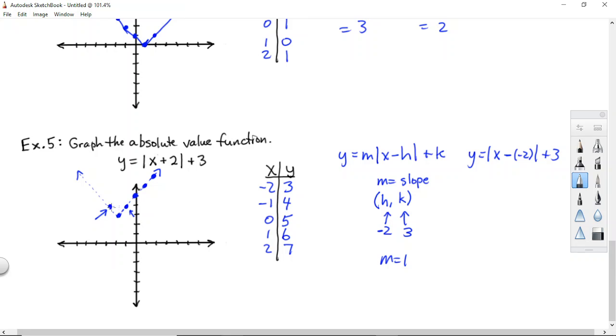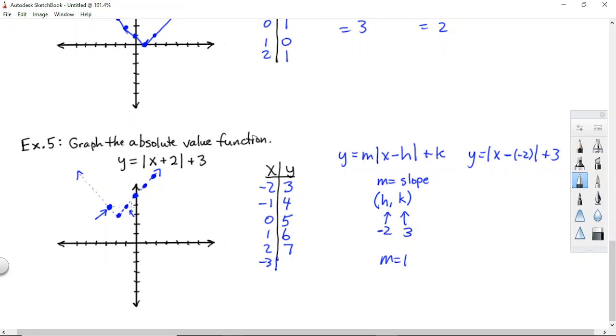We need to plot another point though. So let's just use -3. Okay, and when we put in -3, and that's going to be this point, by the way, -3 plus 2, that's -1. Absolute value of -1 is 1, plus 3 is 4, and lo and behold, it works out that when we have -3, 4, that is the point that we already figured should be there.